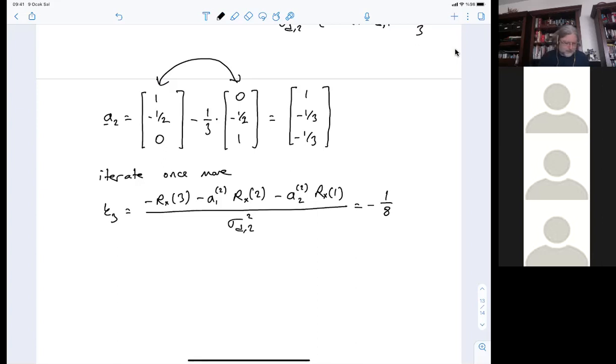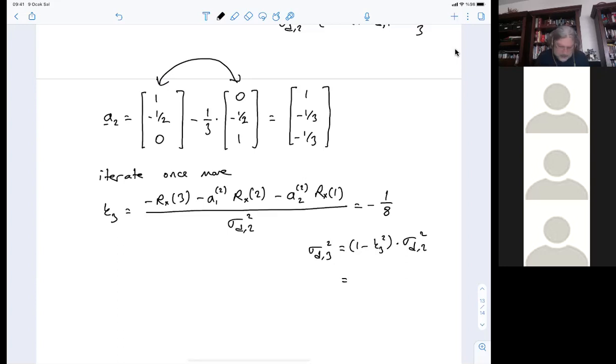Okay. Let me also find the new prediction error, which is 1 minus K3 squared times the previous prediction error. So 1 minus 1 over 16 will be the new scale that will scale the previous prediction error, which was 2 over 3.